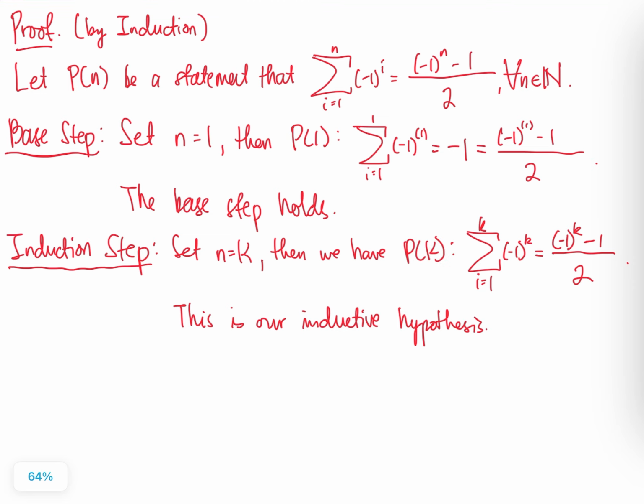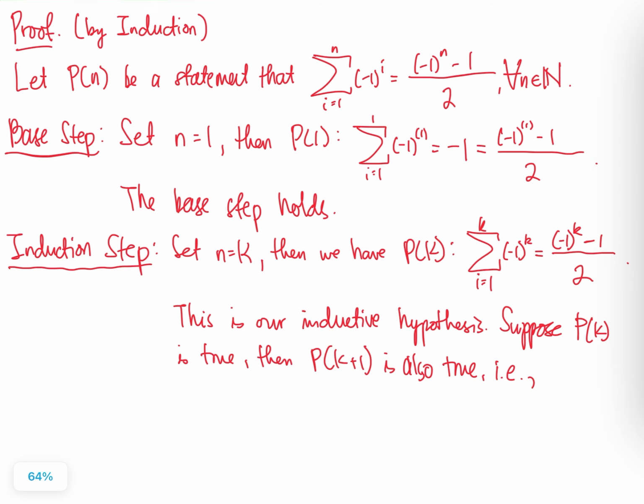So we can just state that suppose p of k is true. Then we can say that p of k plus 1 is also true. So we can show that.